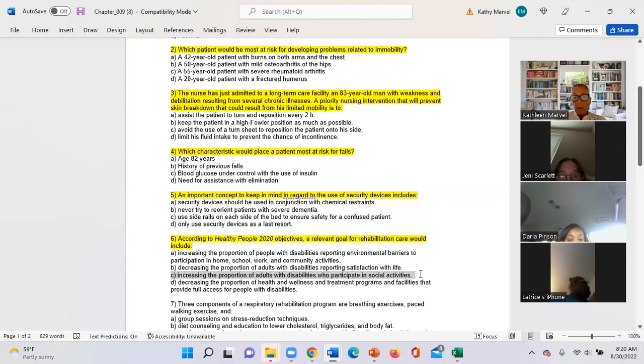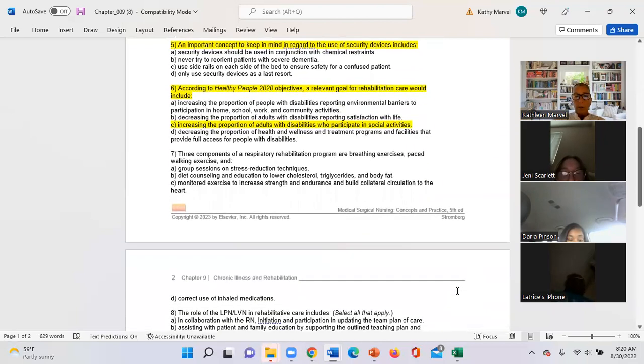So you'd have to read that Healthy People 2020 box for this chapter to understand what their objective is, and that's the answer. I was stuck between A and C because I feel like those are pretty similar. Yep. When we ask Healthy People 2020 questions, we're looking straight from that information in the chapter. There is a chart in each chapter that talks about Healthy People 2020 objectives.